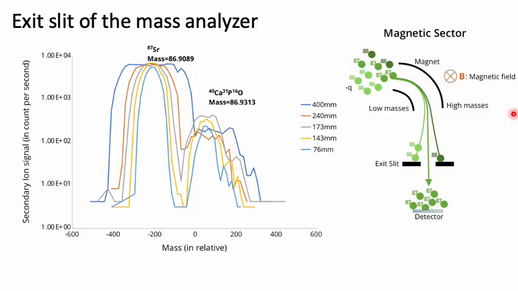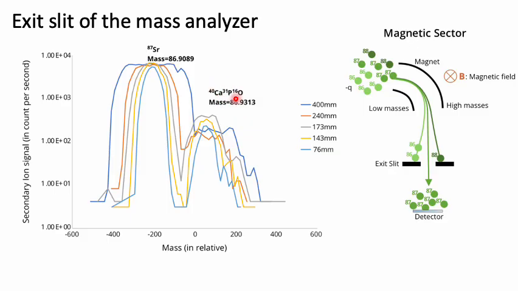So for example, this is an analysis of 87 strontium on a secondary ion mass spectrometer, or SIMS. And here is where the mass of the 87 strontium should be, but because we're measuring an apatite, there's also an interference of calcium phosphate on that mass.